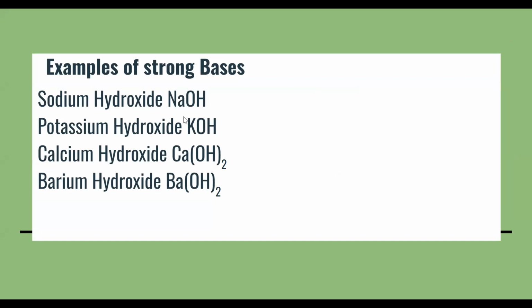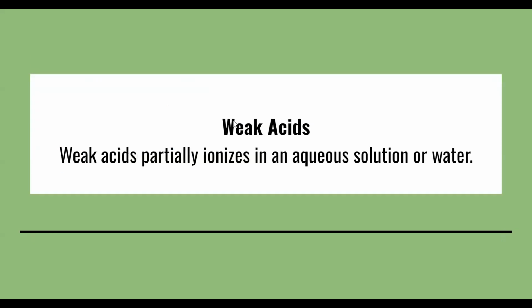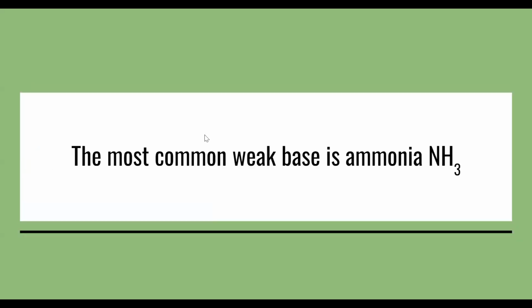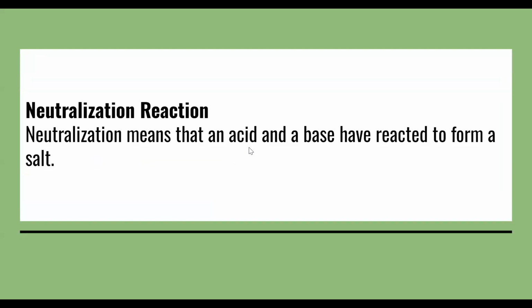Examples of strong bases are this. Then weak acids partially ionize in an aqueous solution of water. Examples of weak acids. The most common weak base is ammonia. Weak base.